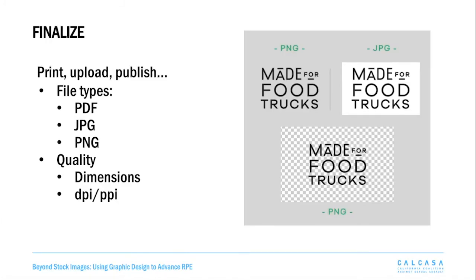So finally, after you make those changes, after the critique, you will go ahead and finalize your files. Depending on the format that you are using, you will export it or publish it as a different file type. The most common file types are PDFs that are commonly used for documents.